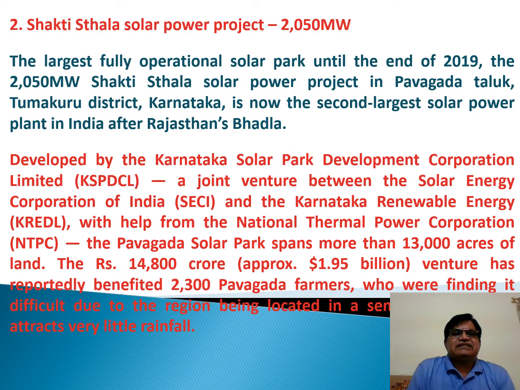The second one is Shakti Sthal solar power project, which has a capacity of 2050 megawatt. Until 2019, this was the largest solar power plant of India, but now the new power plant which has production capacity more than this, so this has come to number two.